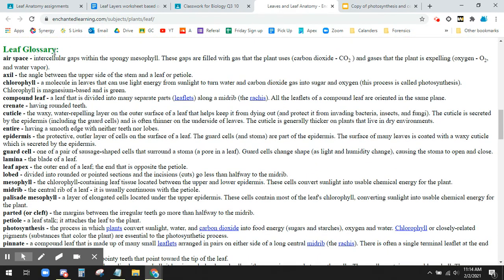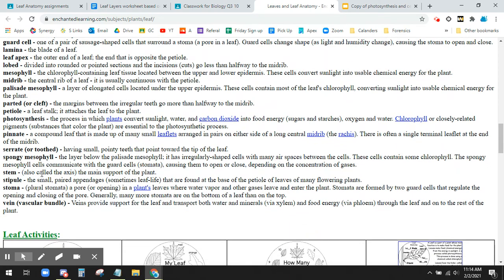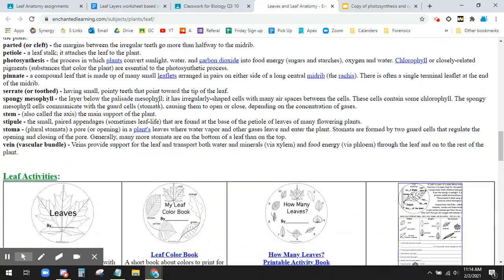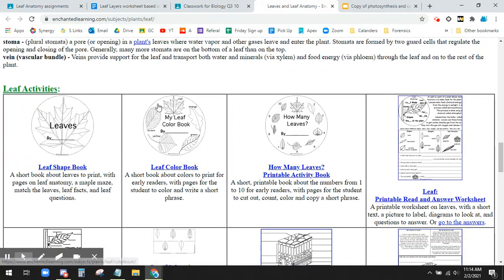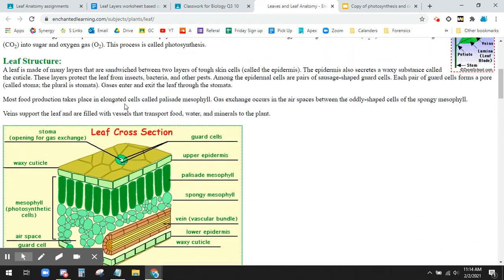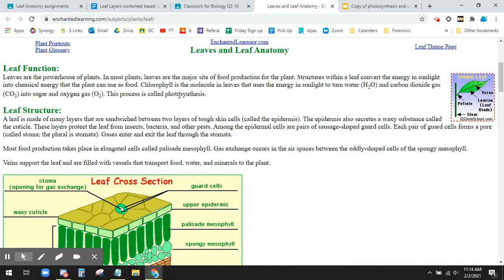Okay, and it even gives a glossary of things that are in your plant anatomy and what they do. Now if you're going through here and saying, but it still doesn't help me completely finish out the worksheet, you're not limited to working with my resources. If you want to look some stuff up on Google or on the internet, you're more than welcome to do so.